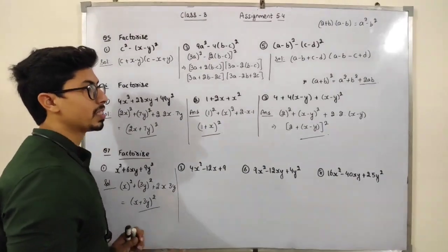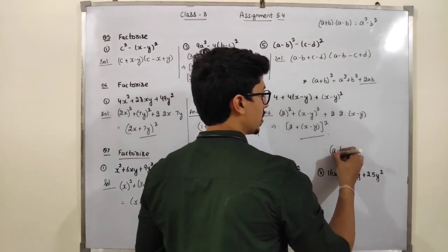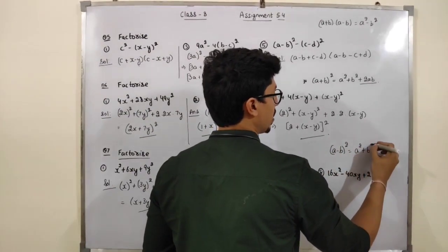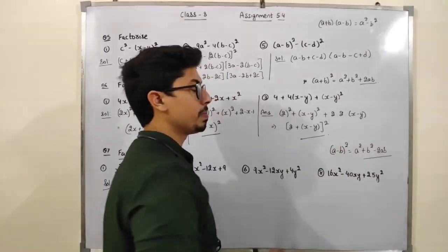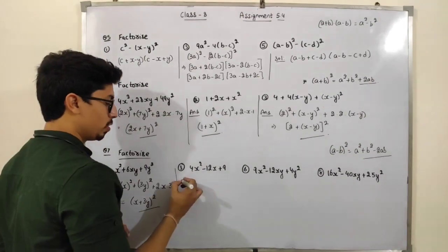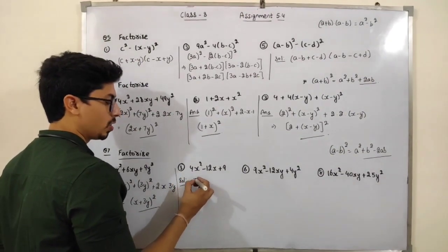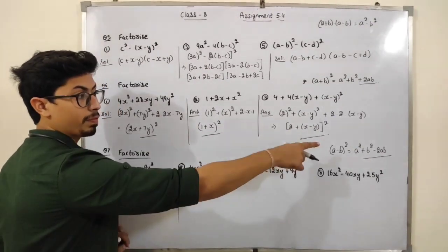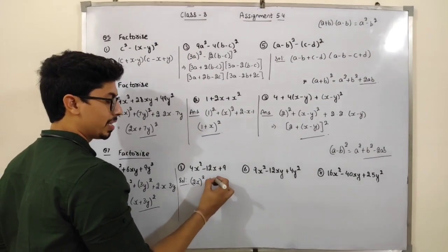Now in this, students, see, a minus b whole square is a square plus b square minus 2ab. So if I use the formula, I can write this as 2x whole square. First of all I want b square, so 9 can be written as 3 square.